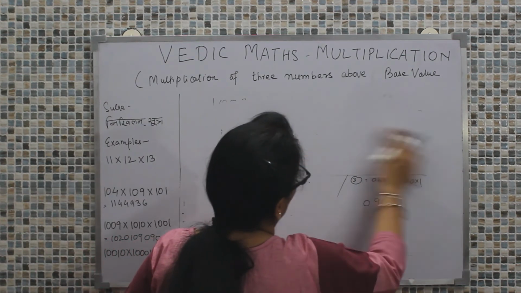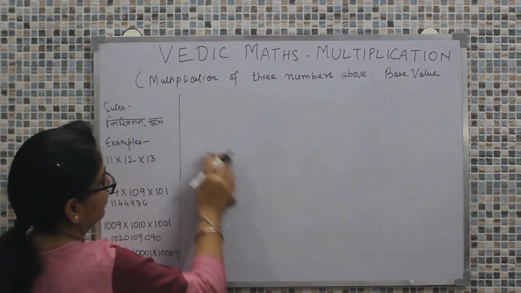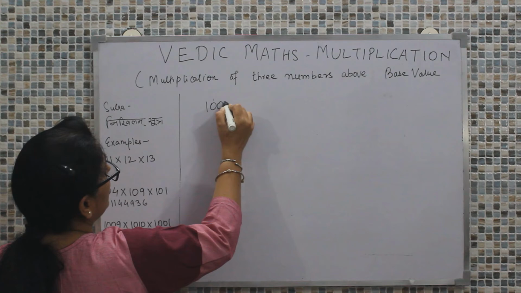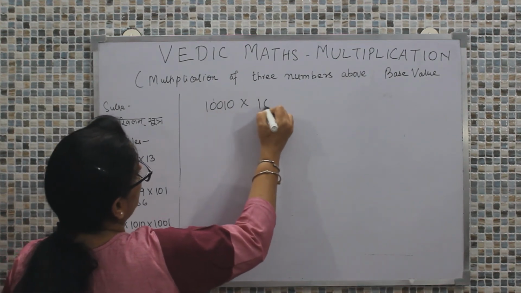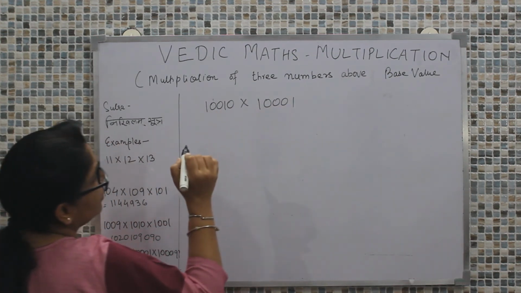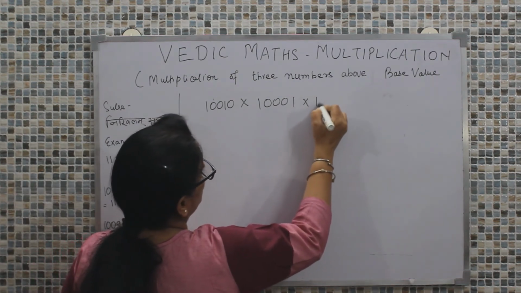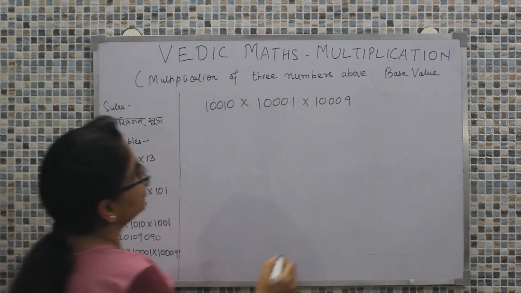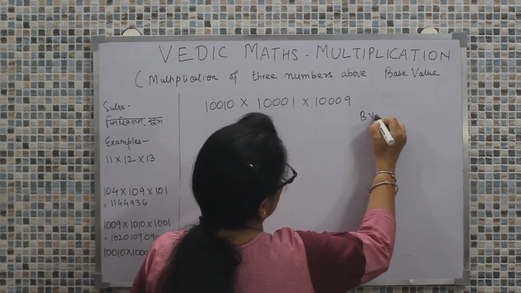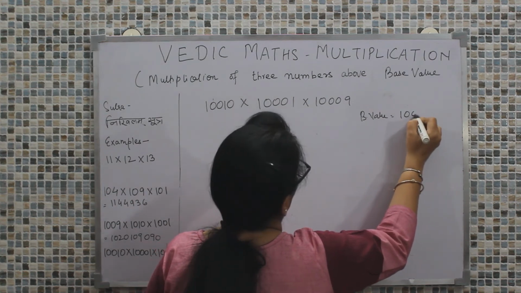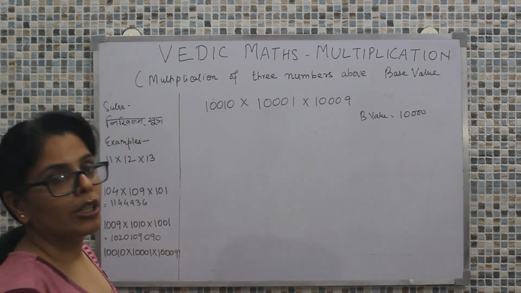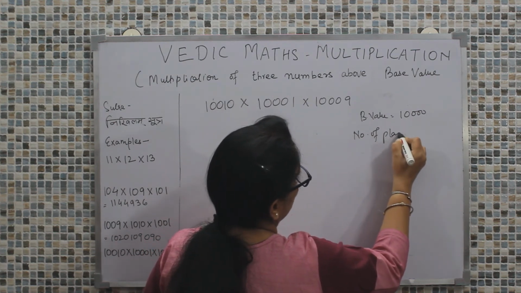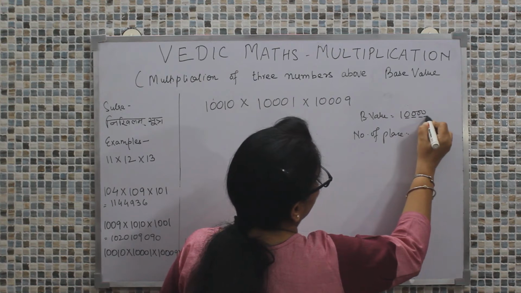Now let's take another example. Here we have 1010 into 10,001 into 10,009. All the three numbers are closest to the value of 10,000. Number of zeros in 10,000 will be 1, 2, 3, 4.